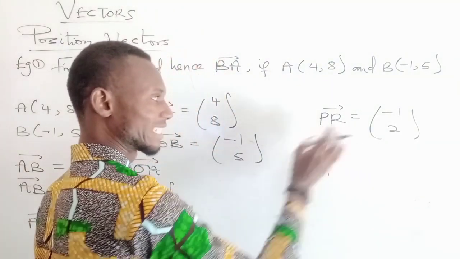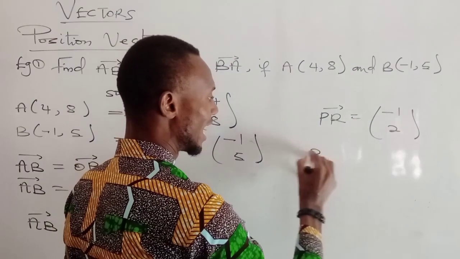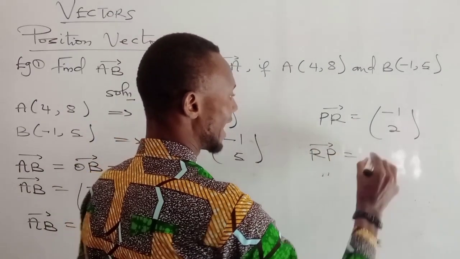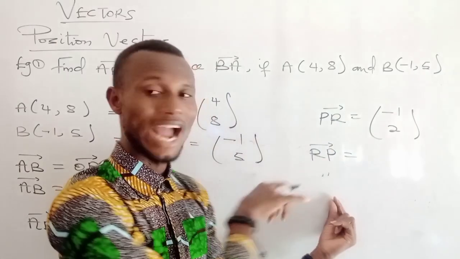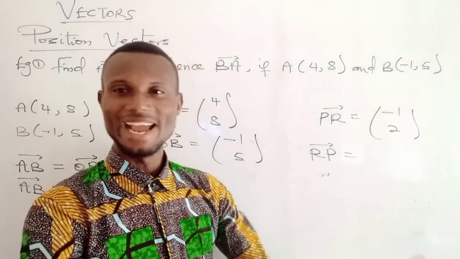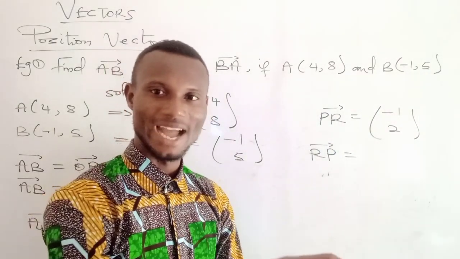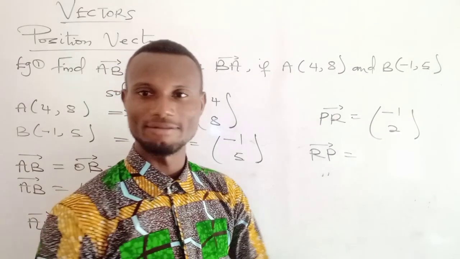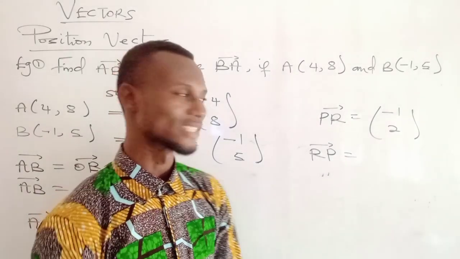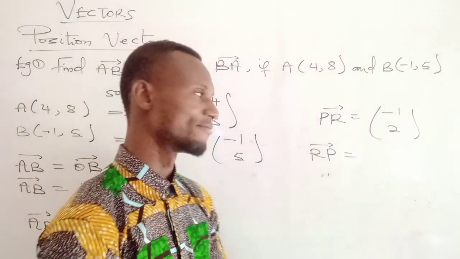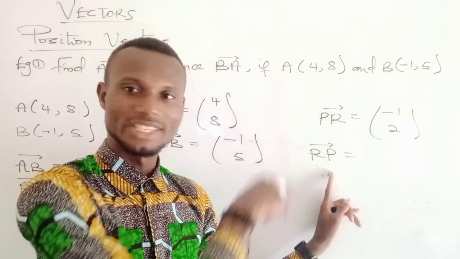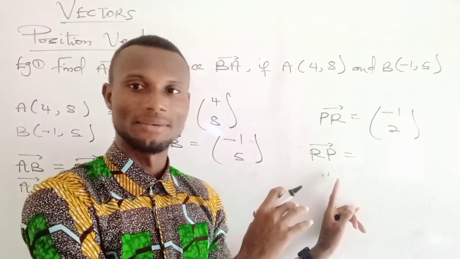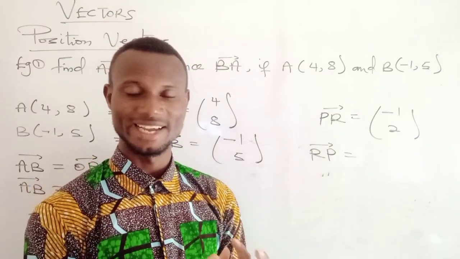So the inverse of this vector PR is going to be RP. I'm showing you how to find the inverse, which is the RP, and I'm saying that the inverse of any vector is simply the negation of that vector. So when we negate the vector PR, we are going to get the RP, which is the inverse of the PR. I hope the explanation is clear enough.